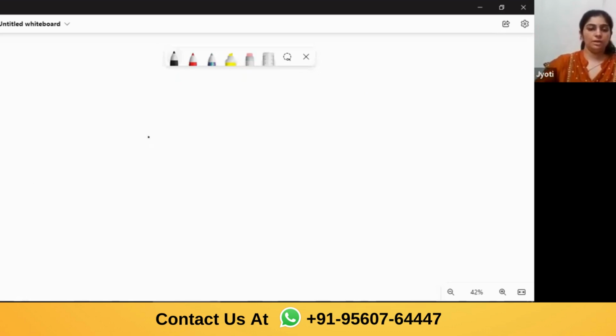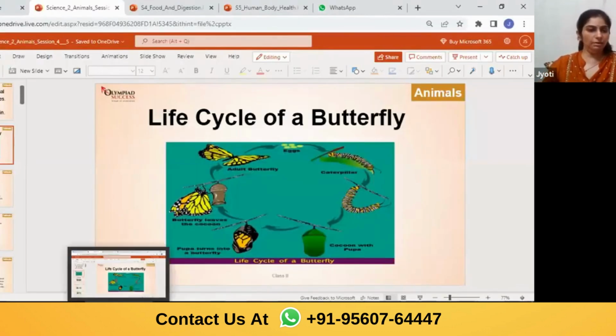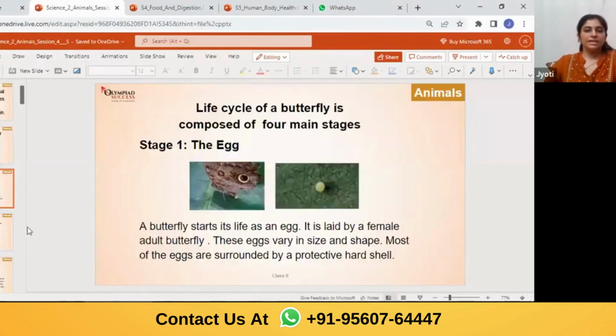Okay, coming back to the slides. Now, the life cycle of a butterfly is composed of 4 main stages. First is the egg. So now, first of all, I've told you the brief. Now we are going into the detail. Nesha, can you please read it?